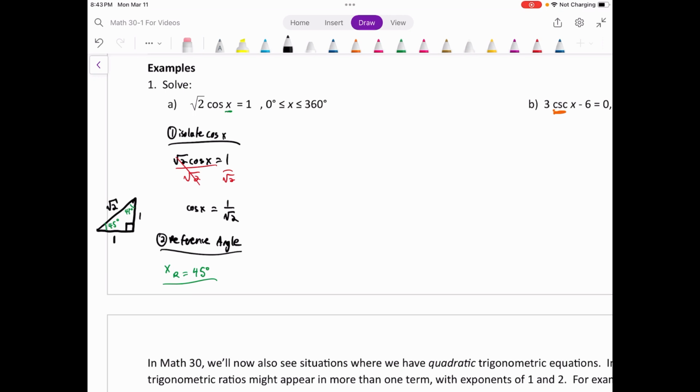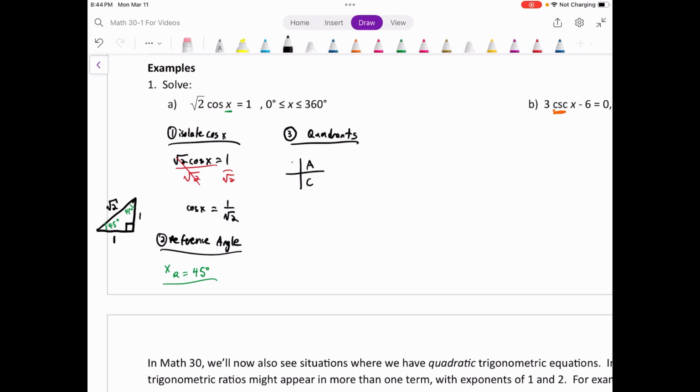Okay, so step 3 now, we've got to recognize that that's just our reference angle. There are 4 angles that have reference angles of 45. So let's figure out first what quadrant we're in, or what quadrants we're in, I should say. Okay, well look, cos x equals positive 1 over root 2.